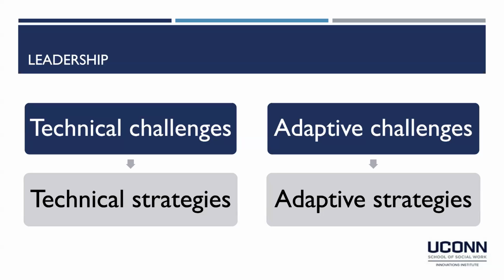Members of the group view technical challenges similarly and see a similar path to resolution. On the other hand, adaptive challenges are those where stakeholders hold different or competing perspectives, either about what the problem is, what the path to resolution is, or both. So you can see that the strategies a leader would need to use in order to address these two types of problems would be different because they're different types of problems.